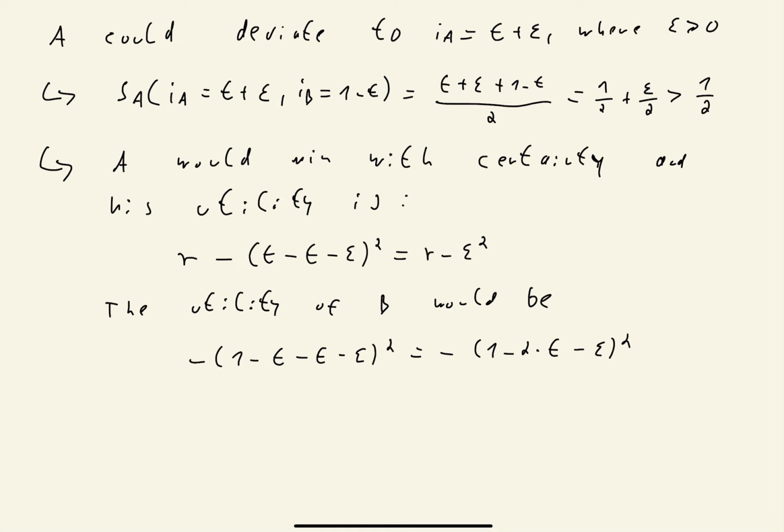So why is this a profitable deviation? Well, the reason is, of course, there is a deviation now in which A is departing from his true ideology, but keep in mind that this epsilon can be as small as you can imagine. So the distance between his chosen ideology and the true ideology can still be arbitrarily small.